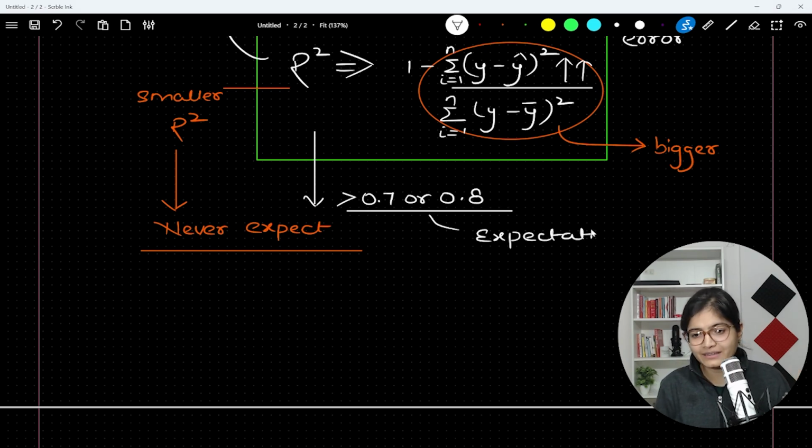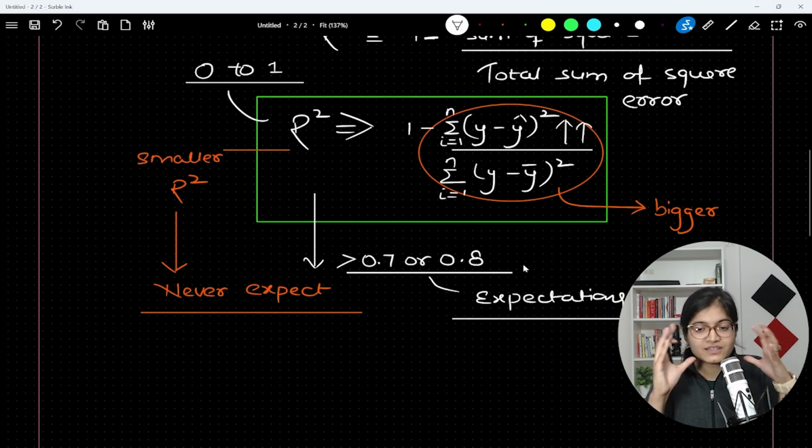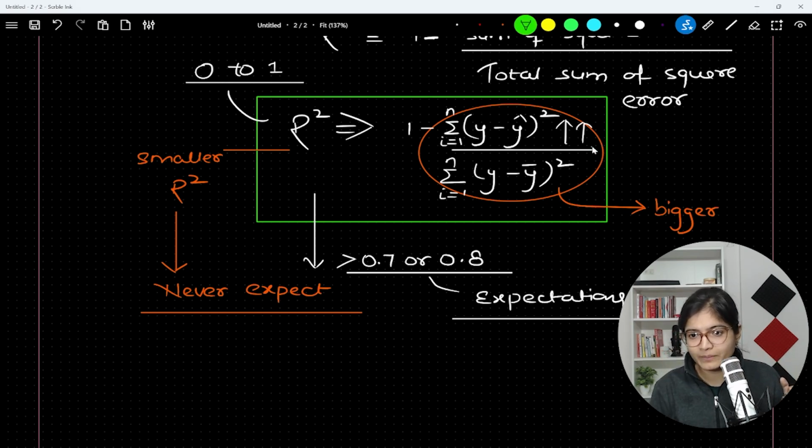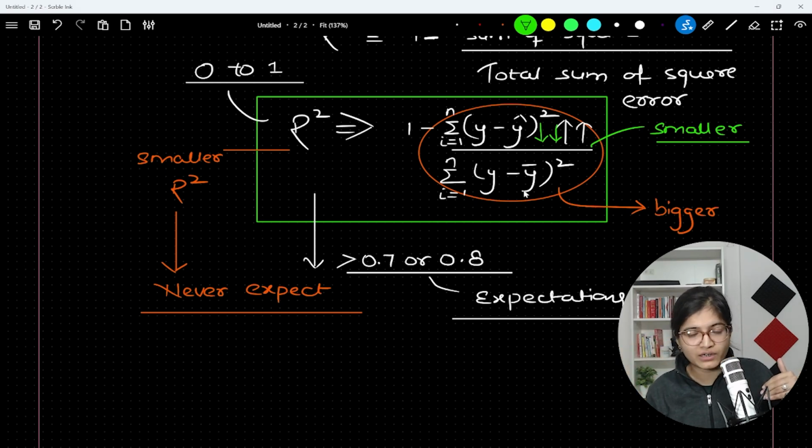Now, when I'm saying that the r square value should be bigger, what is the meaning of that? Again, try to understand. The r square will be big when this value becomes smaller, that is, when your numerator is very low. And that is what we want. We want our residual sum of error to be as low as we can maintain, right? Then we get a very small term.